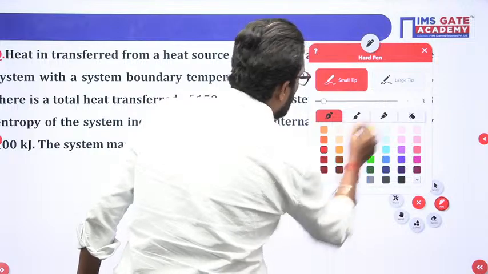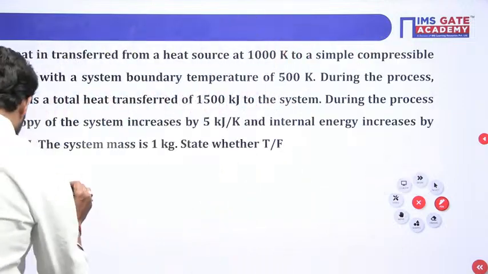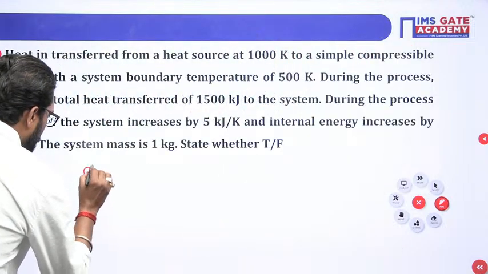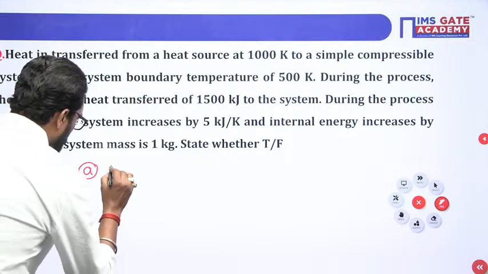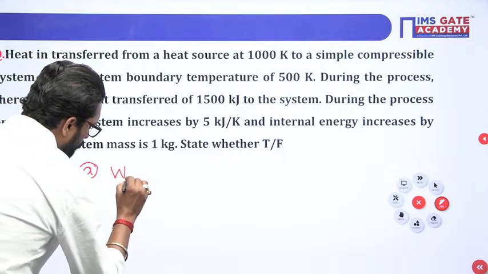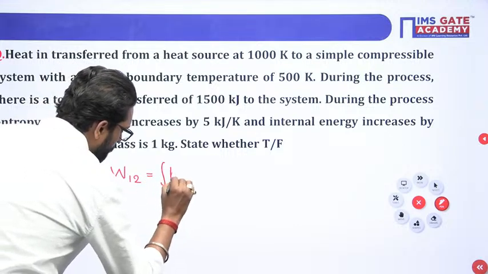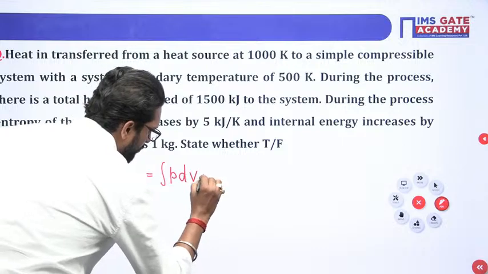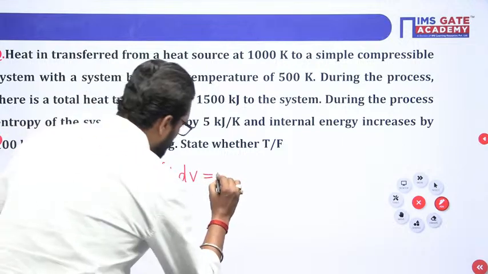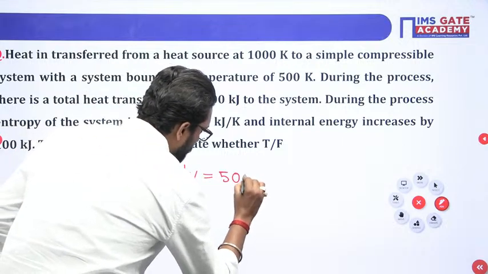First statement, statement A: work from 1 to 2 is equal to integration P dV, and this is equal to 500 kilojoule.